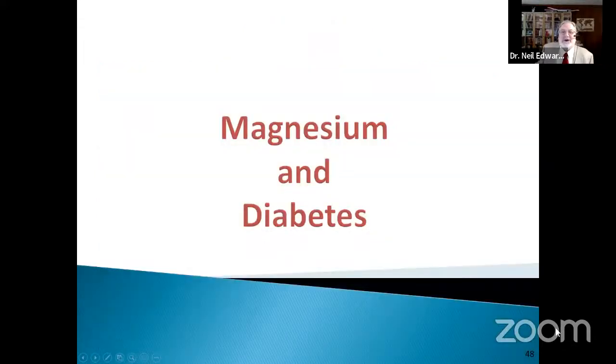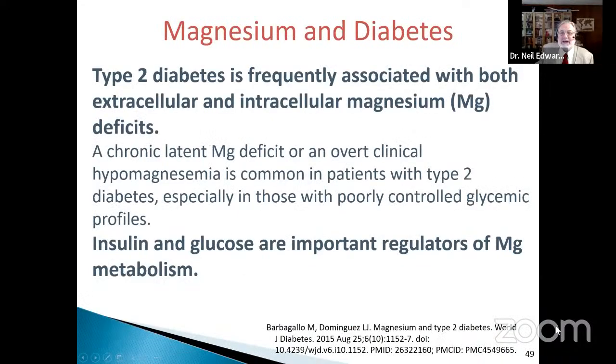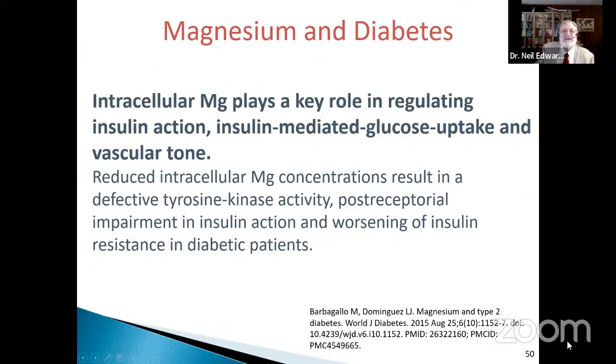Magnesium is also closely associated with diabetes, which a lot of physicians aren't aware of. Insulin and glucose are regulators of magnesium metabolism, is one reason. Magnesium plays a role in regulating the action of insulin and how insulin acts in the body.